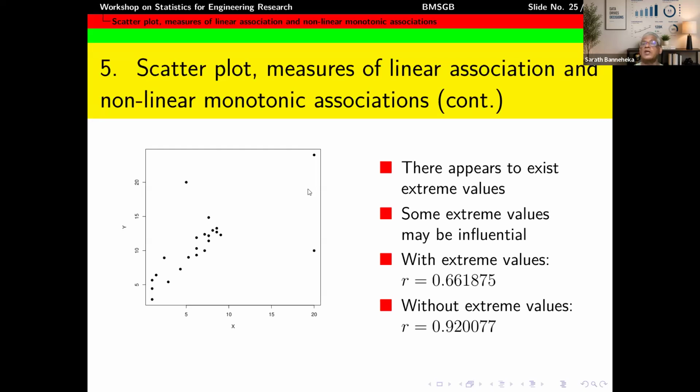Even though they are extreme, they are natural, correct observations. So when you are interpreting it, you have to give a little more detail and interpret correctly, rather than just saying it is moderate or linear without looking at the graph.